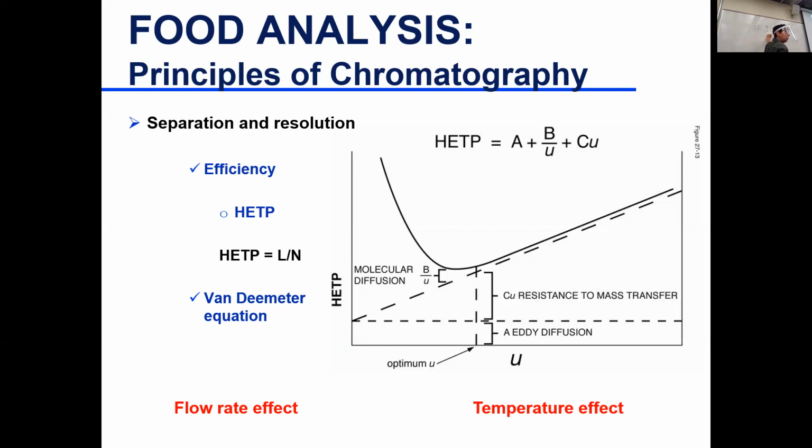It has to do with the particle size of your column. Small particle size packed really well with small vacant spaces, the smaller is your Eddy diffusion. It doesn't diffuse more into the column. So the smaller is the A value, the smaller is the height equivalent of a theoretical plate.